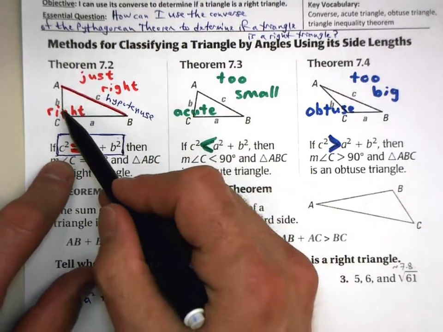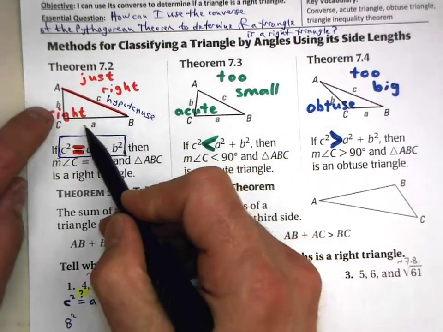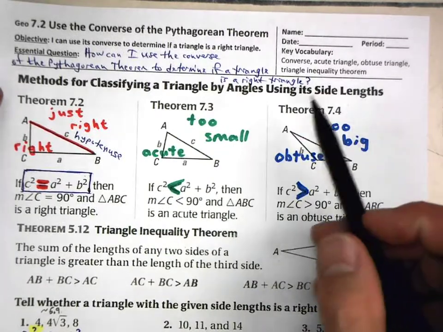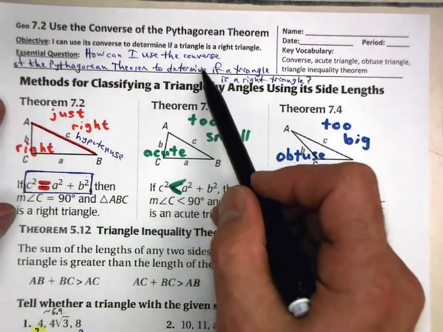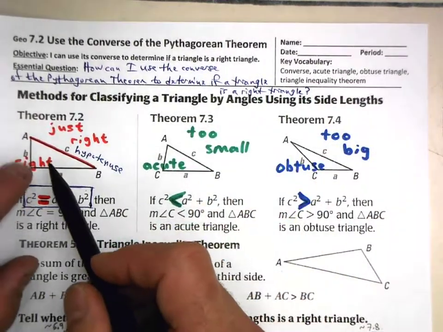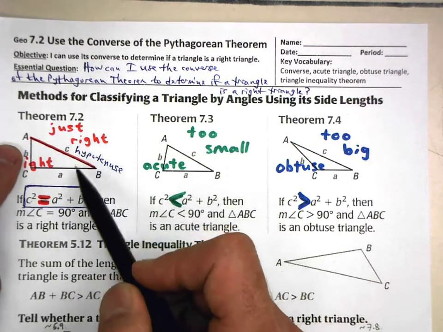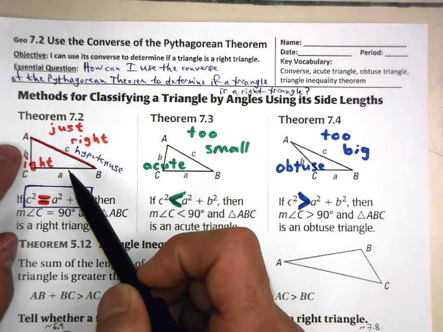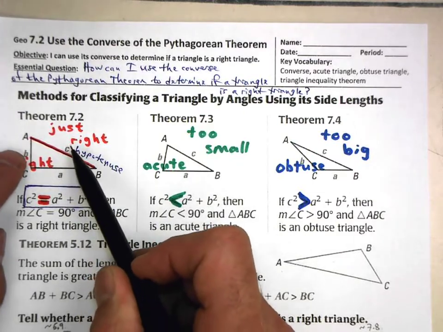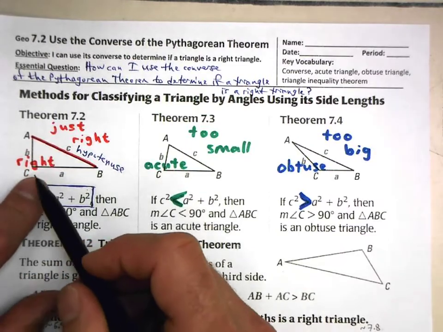But what if we do not know whether or not this is a right angle, but we do know the length of all three sides? Can we use the Pythagorean Theorem in the converse? Remember, converse means to switch. So instead of starting with a right angle and saying that the Pythagorean Theorem is true, the converse is starting with the three sides and determining whether or not it is a right angle.